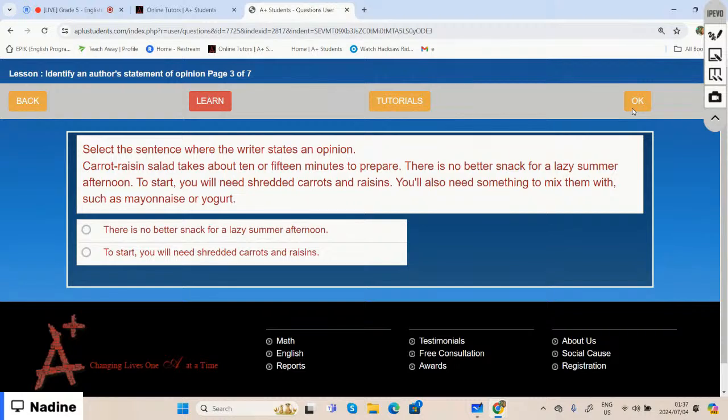To start, you will need shredded carrots and raisins. You also need something to mix with them, such as mayonnaise or yogurt.